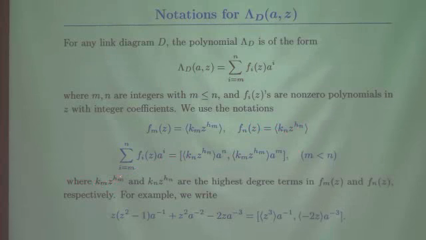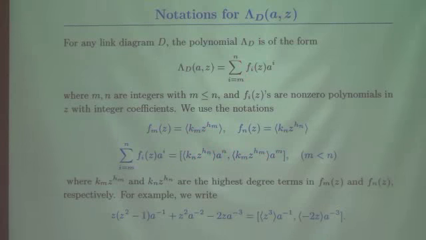So these are just the highest degree terms in Fm and Fn. So we only focus on highest terms and lowest terms in this power i. And so in this case, the sum of Fi z a^i is this times a to the n, and this times a to the m. And we omitted the intermediate terms.